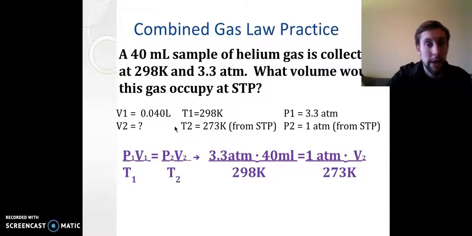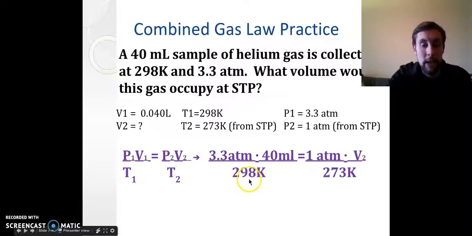We put in milliliters, we get out milliliters. And our temperature 1 is in Kelvin. That one definitely has to be in Kelvin. You can't pick and choose what unit to use. So we know P2 and we know T2, so we'll put those in as 1 atmosphere and 273 Kelvin.